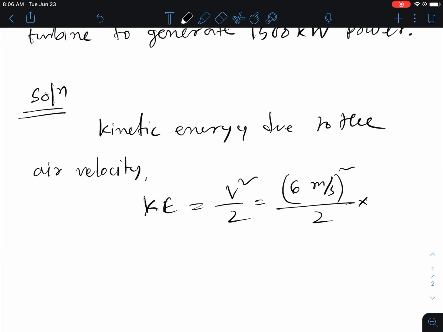However, we have to convert this kinetic energy into kilojoules per kg.